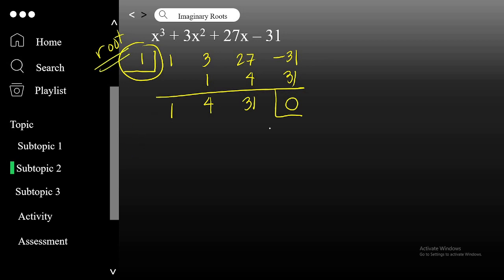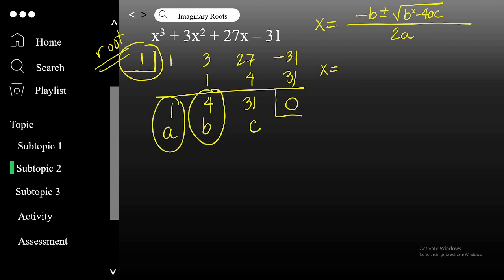Okay? To find the other roots, take note, if I express this as an expression, I cannot do factoring because there are no factors of 31 that add up to 4. Okay? So, using the quadratic formula, x is equal to negative b plus minus the square root of b squared minus 4ac all over 2a. So we now have x is equal to, this is our a, this is our b, and this is our c.